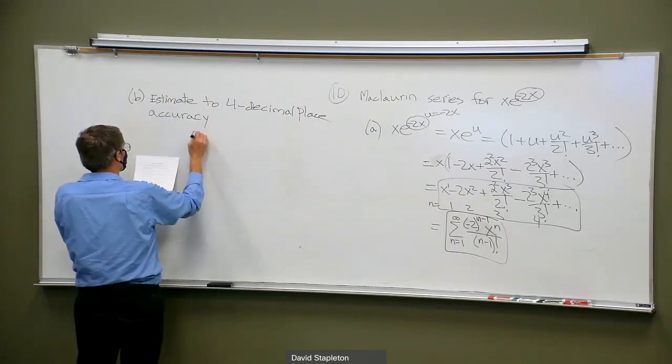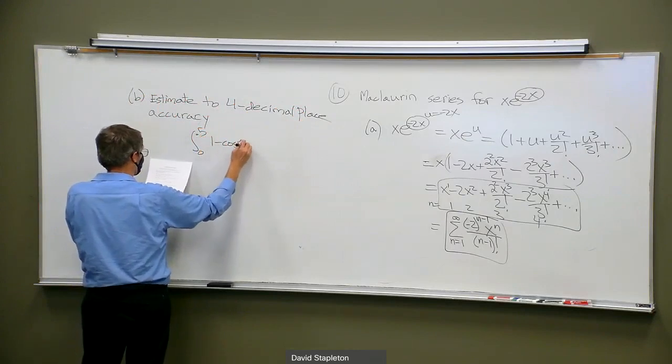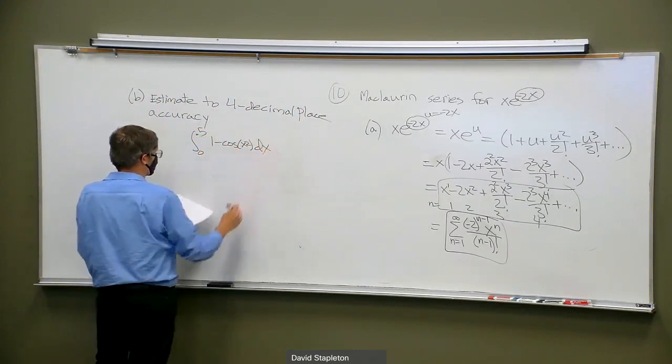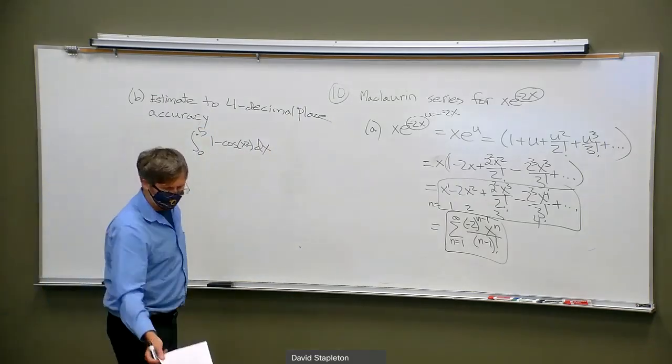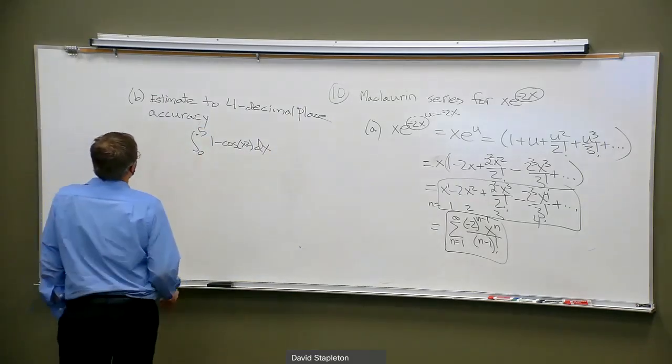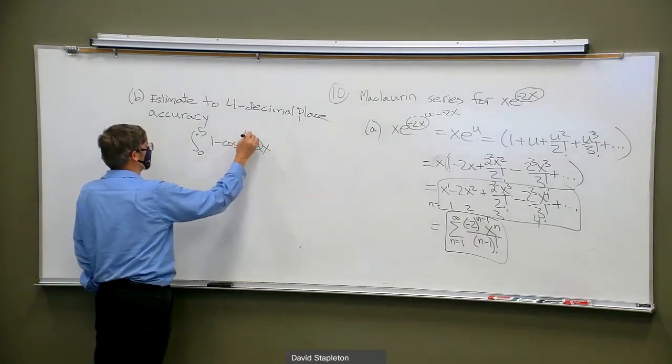Integral from 0 to 0.5, 1 minus cosine of x squared dx. This is in the same vein as the first one, just one more step. The idea is to write a series for this. Think of this as u equals x squared.